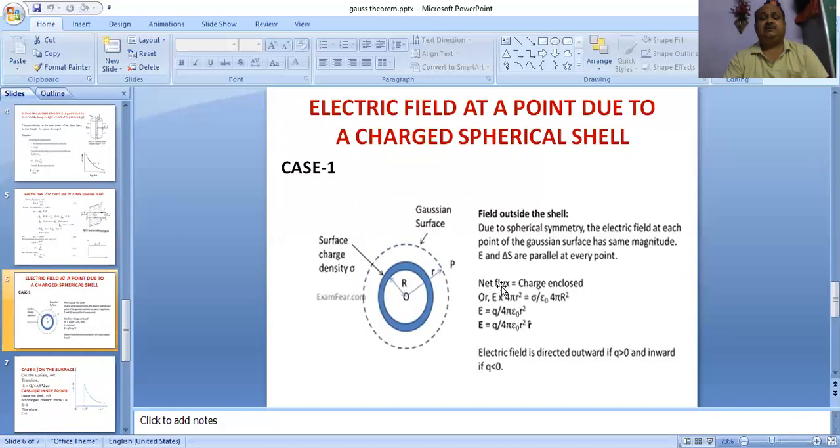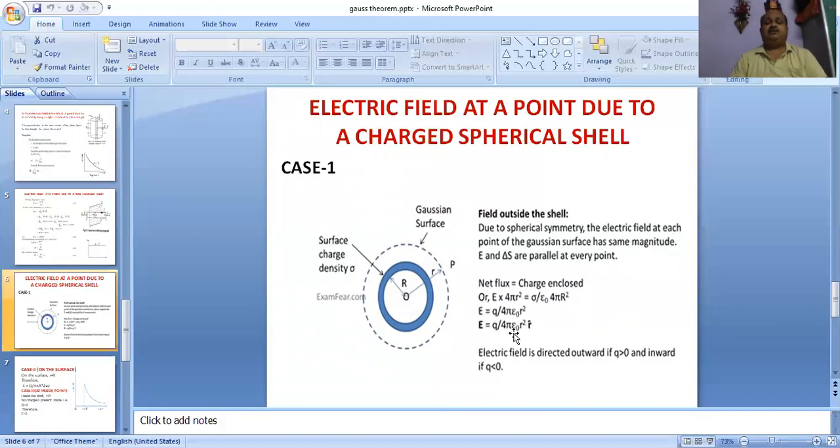So net flux is equal to charge enclosed by epsilon naught, or E into 4 pi r square. From the formula phi equals ES equals Q by epsilon naught, E into 4 pi r square equals Q by epsilon naught, and it gives E equals Q by 4 pi epsilon naught r square.